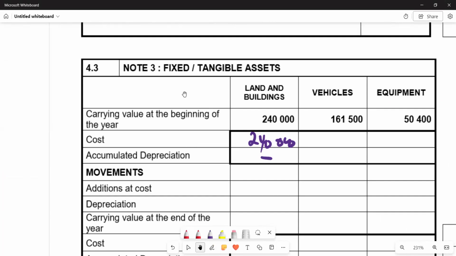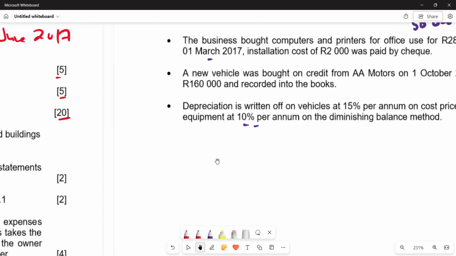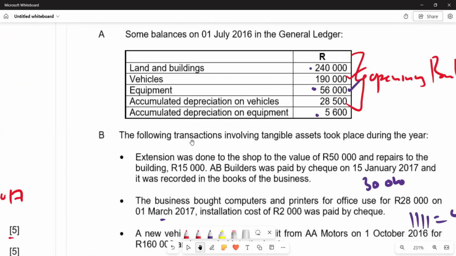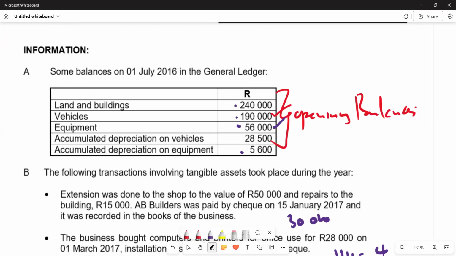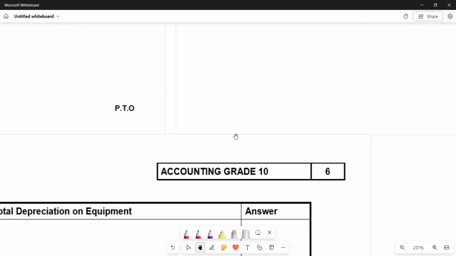Then we go to vehicles and see the balance at the beginning. Vehicles, we've got 190,000 representing our cost, and we've got accumulated depreciation being 28,500. So at the beginning, we just take the figures that we are given.